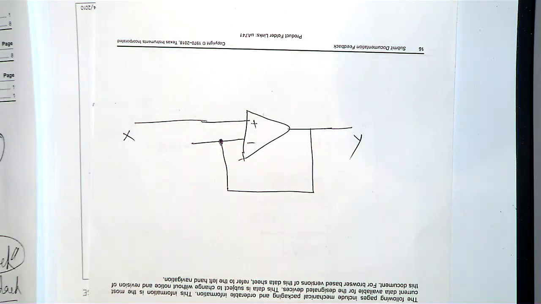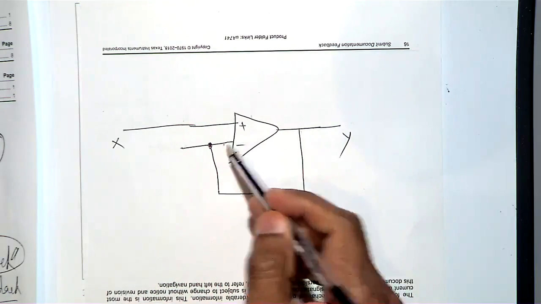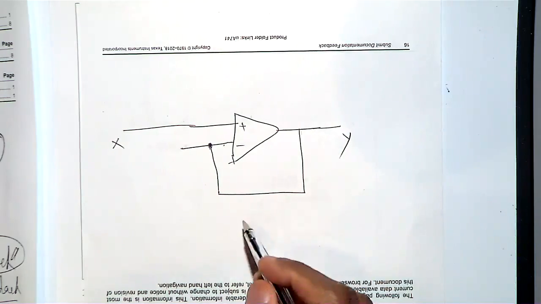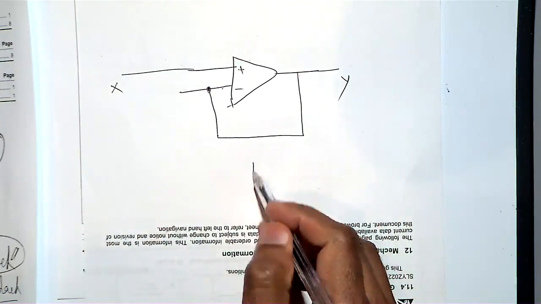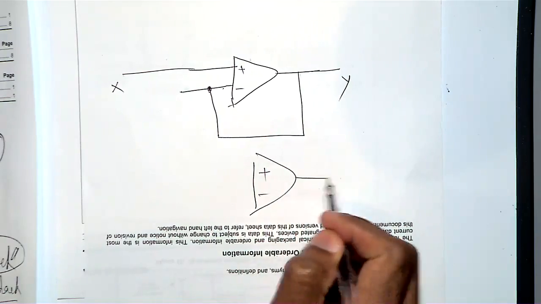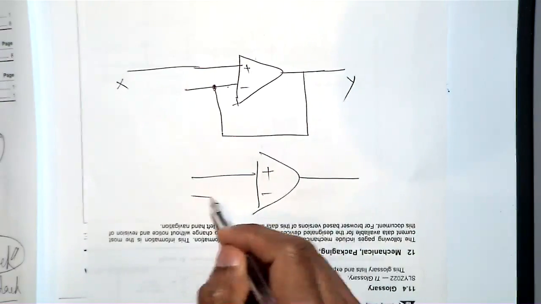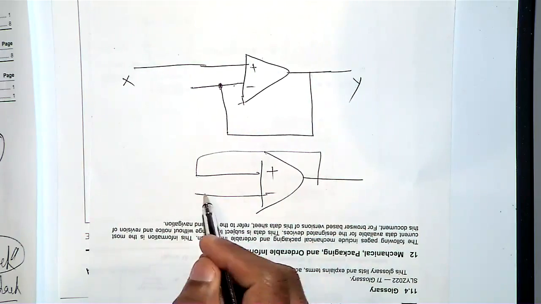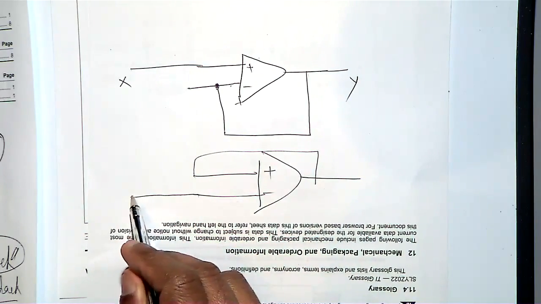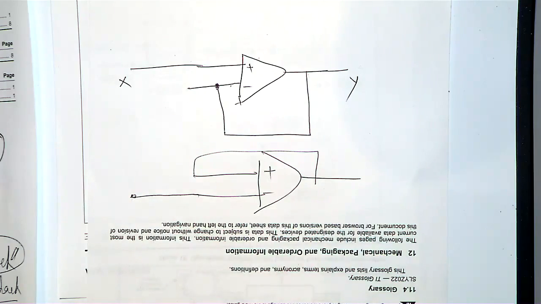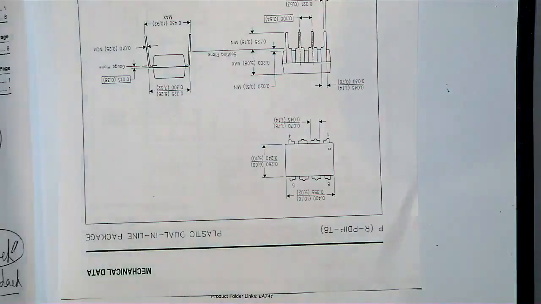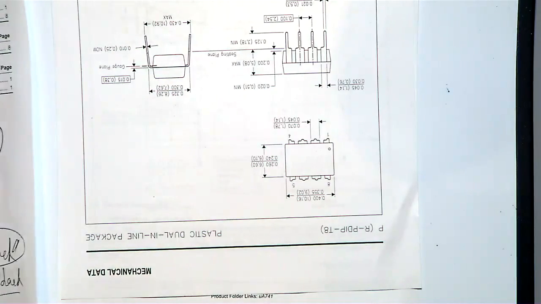Negative or positive feedback? Yeah, because you know that your output you are taking and subtracting here. But if I draw something like this, and then if I give this positive, and then if I give the signal here, then it is kind of a positive feedback.